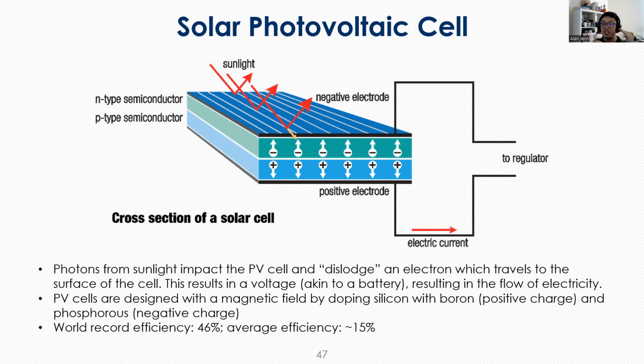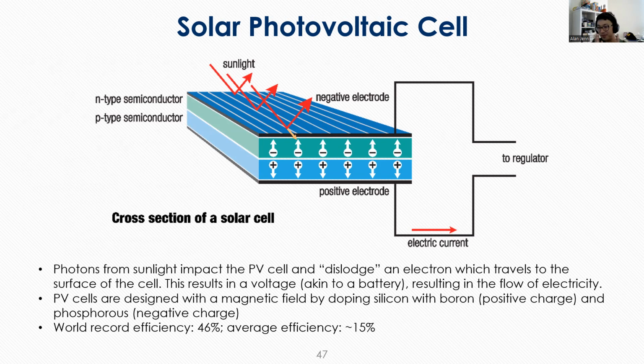And that creates a voltage because you have electrode differences. You have a negative electrode and a positive electrode. And so that electron wants to race through and go to the other side. And so you have current running through your wire. And that's how you get electricity.